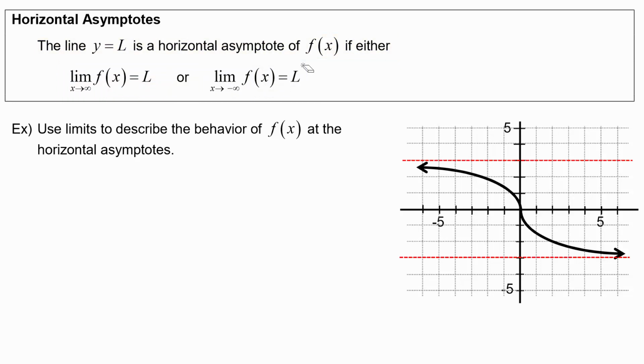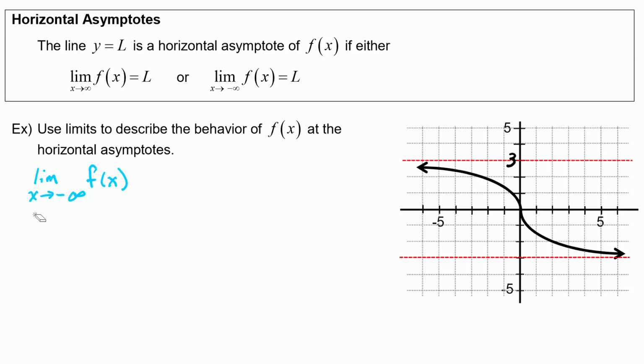Looking at this graph here, if we were to do the limit as x goes to negative infinity of f of x, we can see on this graph, as x goes towards negative infinity, the y value is just getting closer and closer and closer to y equals 3.